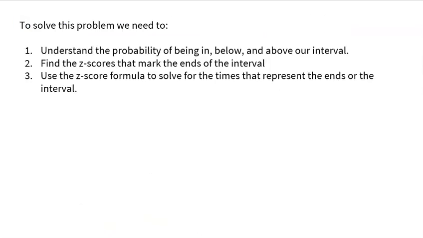All right, now what do I do? Remember, I told you there's 3 steps. Number 1 is just understanding that the middle 30% has 35% above and below. The second thing is finding the z-scores that mark the ends of that interval, which I just found, negative 0.3853 and positive 0.3853. Now I have to take the z-score formula and back solve to find the actual time in minutes that those z-scores represent.